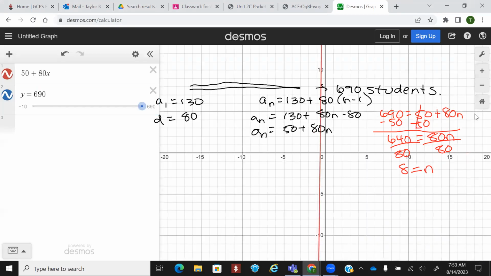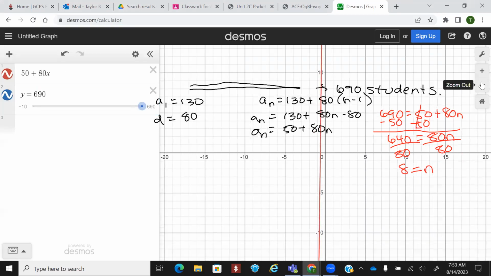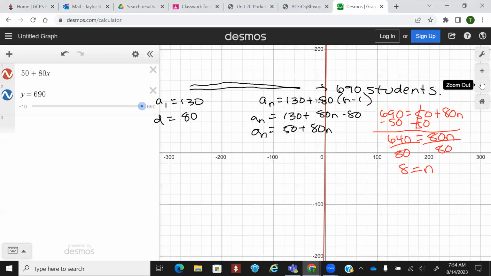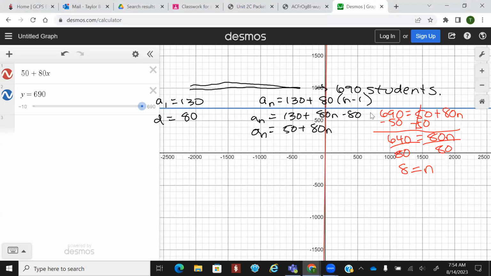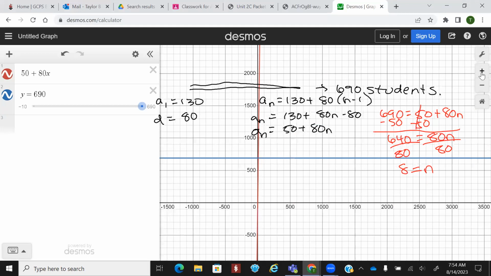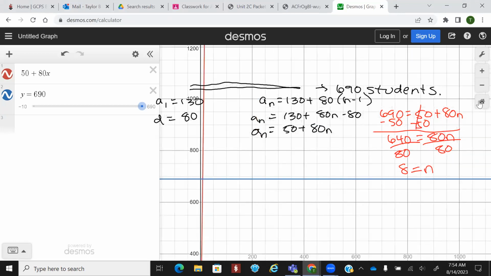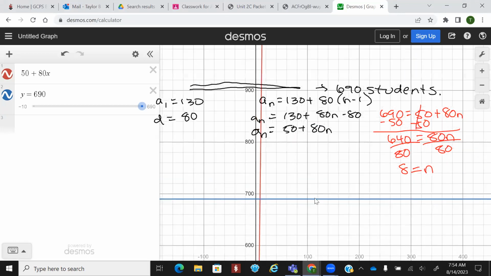I'm going to zoom out. And I'm going to look at where these places cross over. Watch the magic. So we see that it crosses over right here, right? What's that x value that they got there? I didn't have to solve it all. You see it?